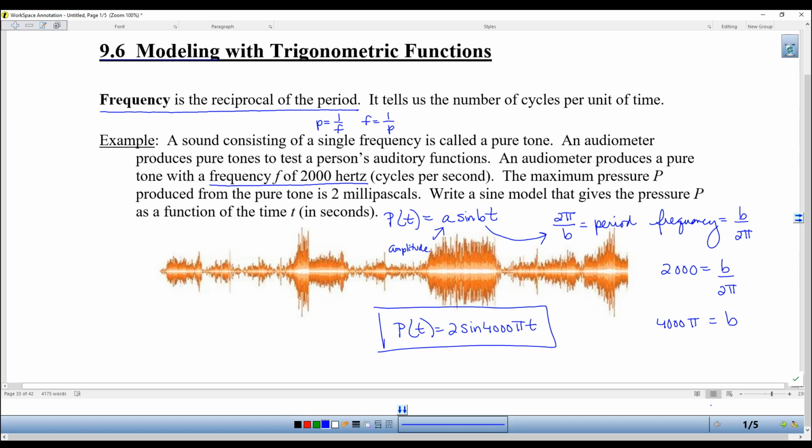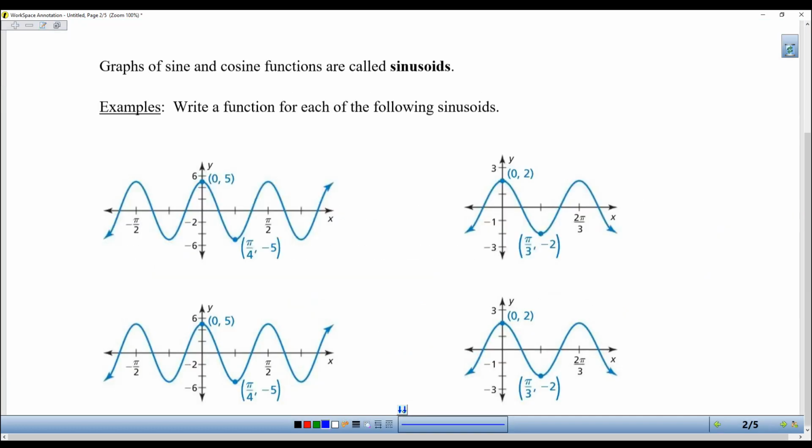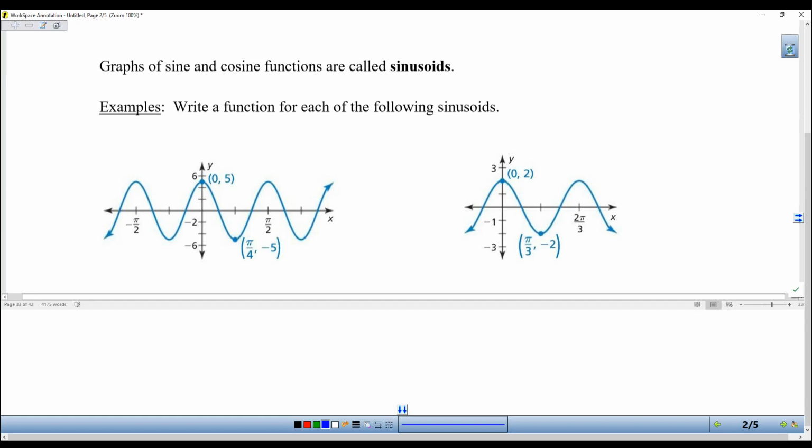We are going to try just a couple basic ones to make sure that you got the hang of it. So write a function for each of the following, and these are pronounced like the word sine, sinusoid. So we're going to write the function for each one. Now I notice that this one starts high.